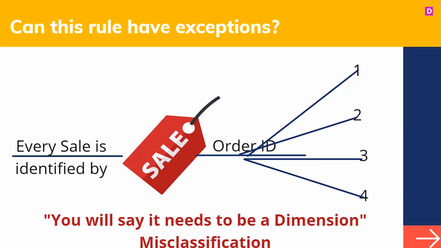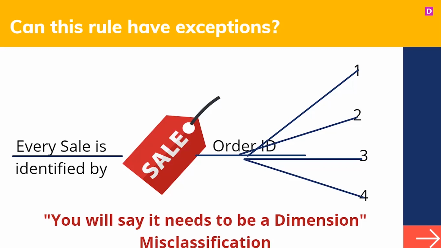Okay, so as per the definition, you very well know that Tableau is going to classify this order ID field as a measure. As soon as you connect your data set, it is going to classify order ID as a measure. But actually speaking, order ID is a dimension, because we can slice this.